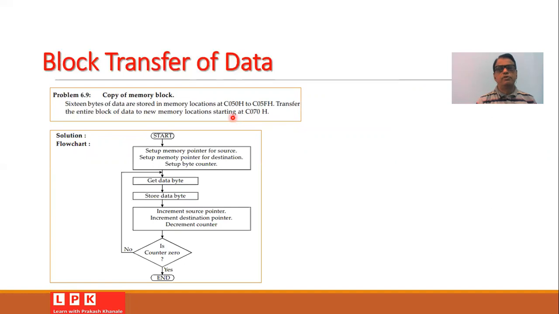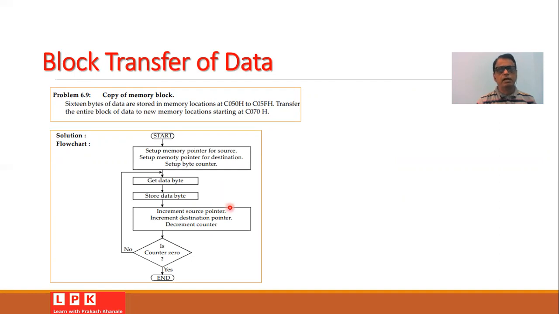Now we can prepare a flowchart for this program. Initially we will set up the memory pointer for the source, we will set up the memory pointer for the destination, and we will set up a counter because we want to transfer 16 bytes of data. Then we will get the data byte and store it at the destination address.